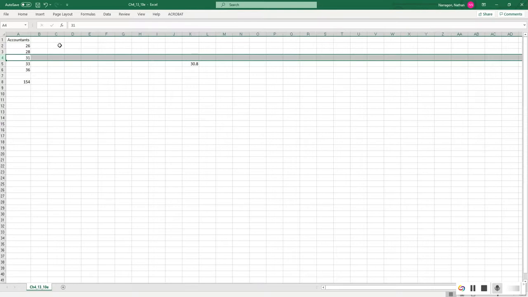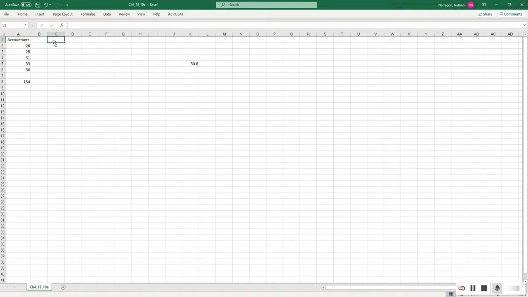So back to Excel. Alright, first thing that we have to do is take basically x minus x bar, which is the average. So this is going to equal this minus 30.8.